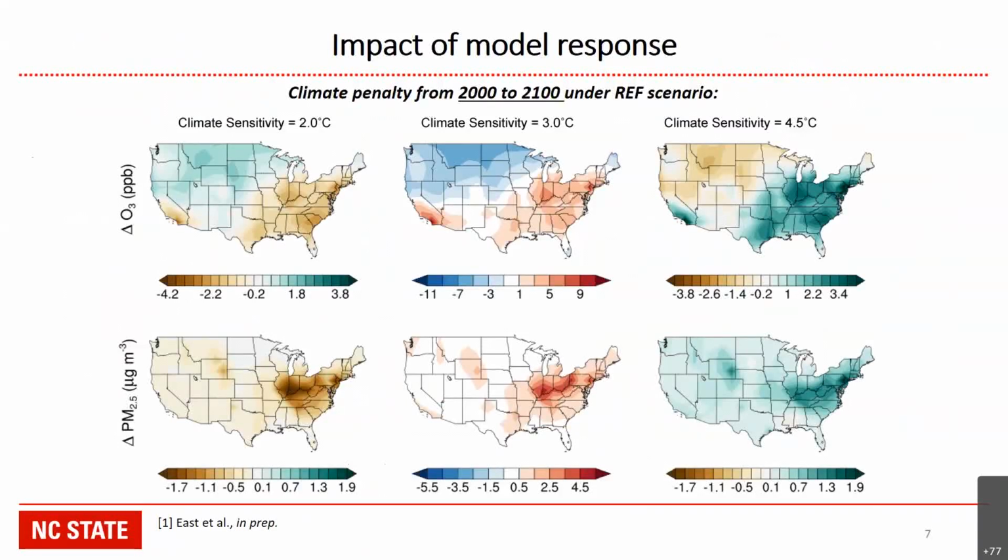As I said, just very quickly, we've also tried to include the impact of model response by changing the climate sensitivity within our simulations. Climate sensitivity of 3 degrees C per doubling of CO2, that's the maps in the middle column, but we've increased that to 4.5 and decreased it to 2 degrees C. And so the maps on the right and left show to what degree climate would impact the concentrations further or lesser, depending on the climate sensitivity.